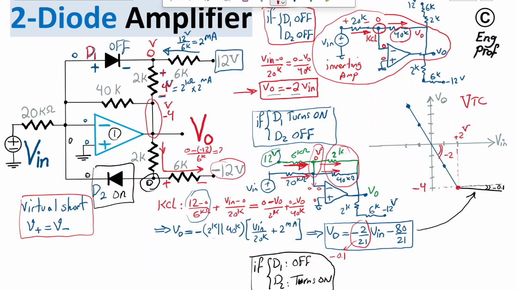So the current is obviously 2 milliamp. When that 2 milliamp goes through this 2K resistor, it causes a voltage drop equal to 2 milliamp times 2K, which is 4 volt. So if this is 0 here, at that moment, here is plus 4 volt.